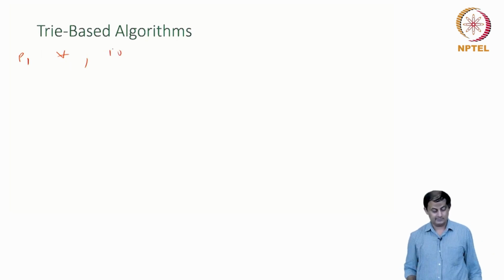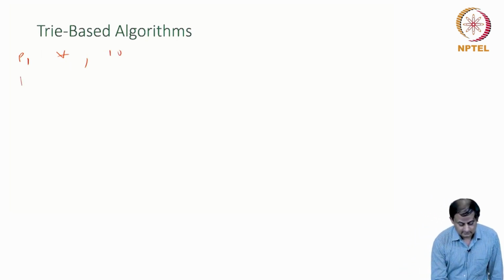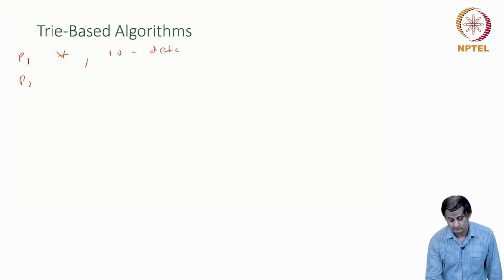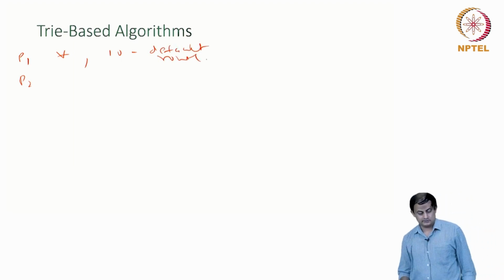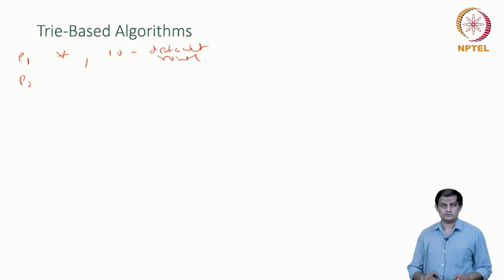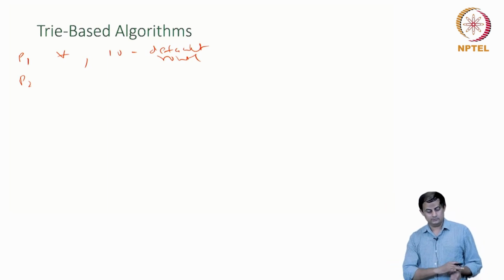This is also called the default route, and most routers actually have such default routes. So if you don't find a matching entry, you do the routing by this entry.